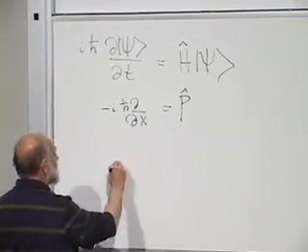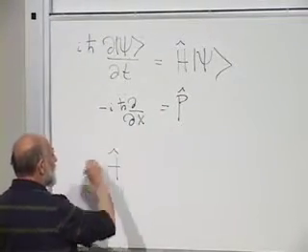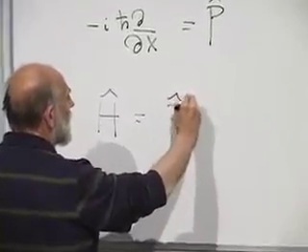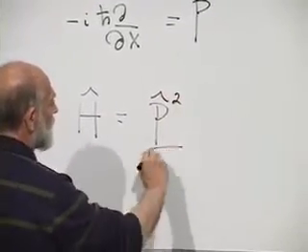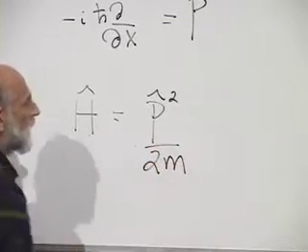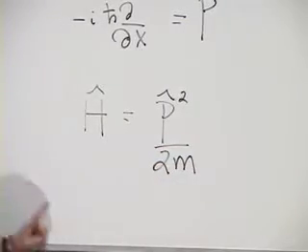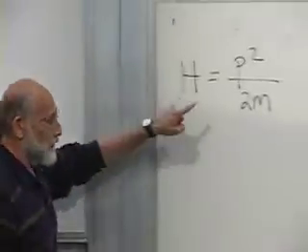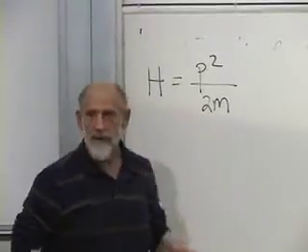But now it's in the sense of operators. The operator H is the operator p hat squared over 2m. And as I said, keep in mind the real derivation goes from this blackboard to this blackboard. And we're going to do that derivation tonight.